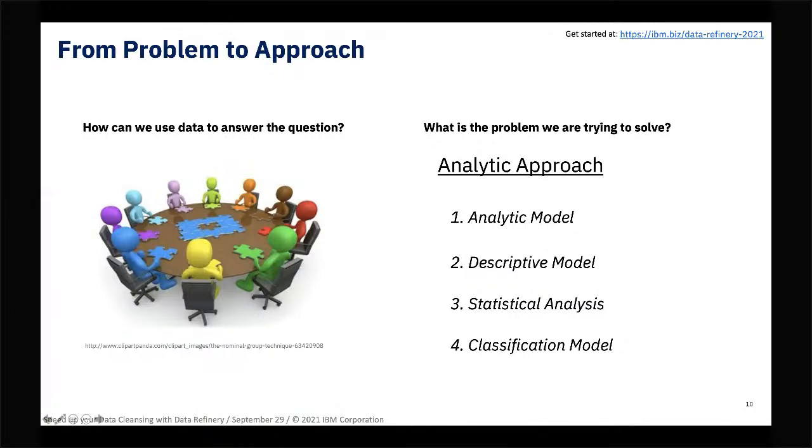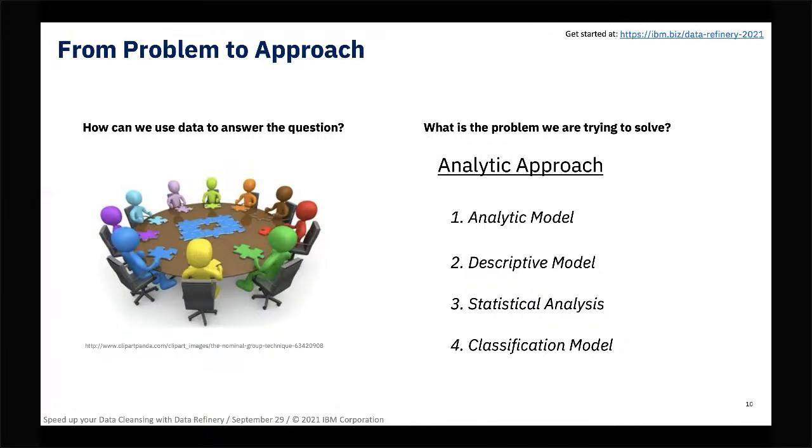Right. So there are four patterns. We have the predictive model, the descriptive model, statistical, and classification model. The predictive model is used when the question is to determine the probabilities of an action. And then we have the descriptive model, which is used to show the relationships, and we look at the clusters of similar activities and preferences.